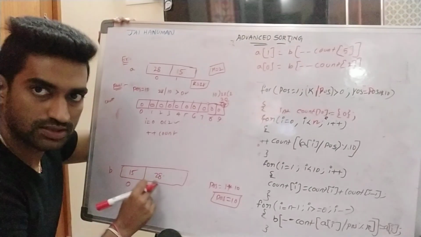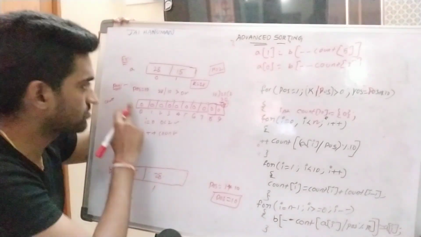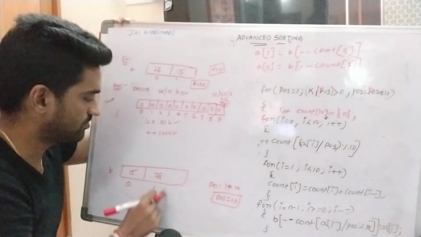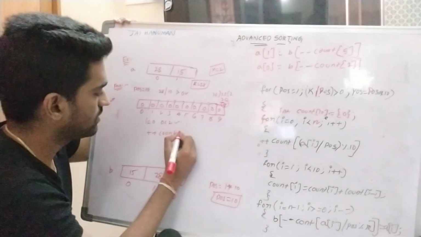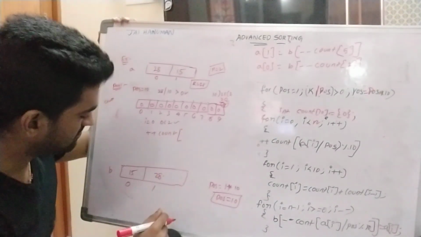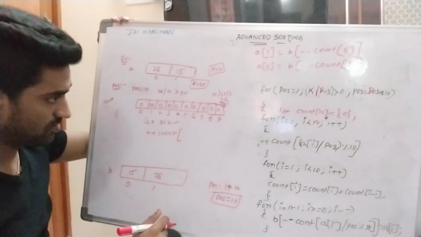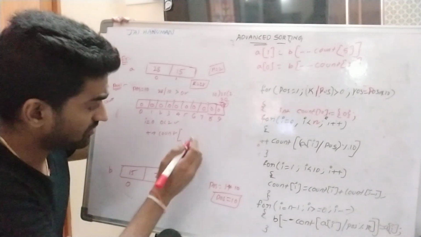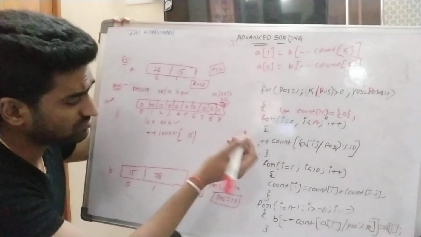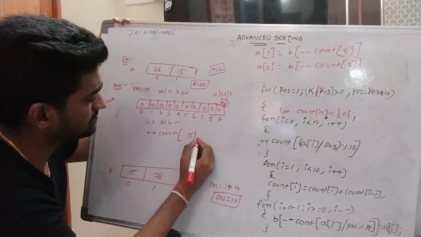So this is the input array for the next pass. That is pass 1. The input is this one, not this one, right? So here count of A of 0, which is 15, by position. Position is 10.